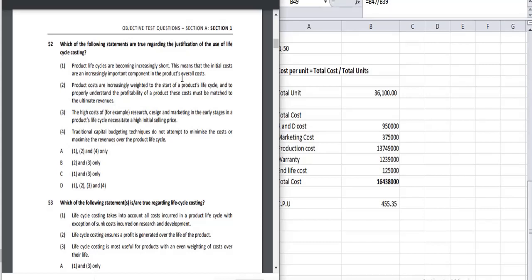So 3 आपका ये true नहीं है, ठीक है. It's not about the selling price, ठीक है. यहाँ पे बस हमारा जो भी cost और revenue incurred होता है उसको match करते हैं against each other, then profit calculate करते हैं, ठीक है.